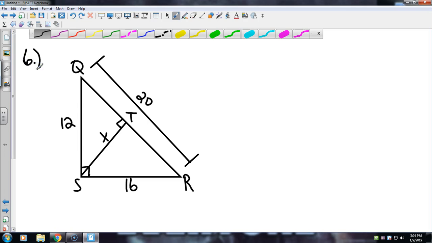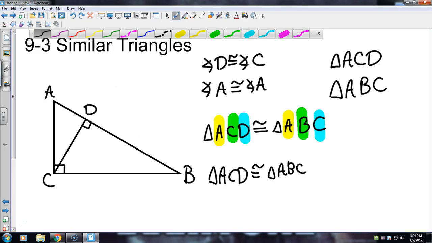So there are multiple methods. The method I'm going to choose is the one we did on the first screen, and that was finding the two similar triangles and then just creating a ratio, because that's what we've been doing.